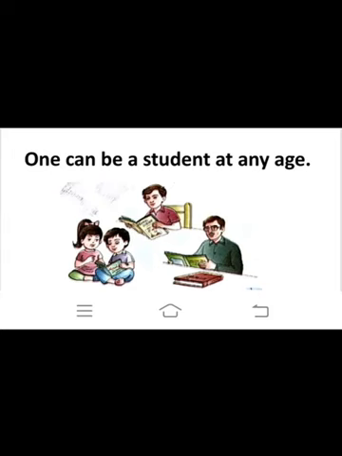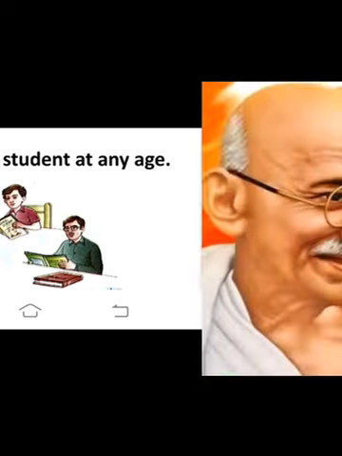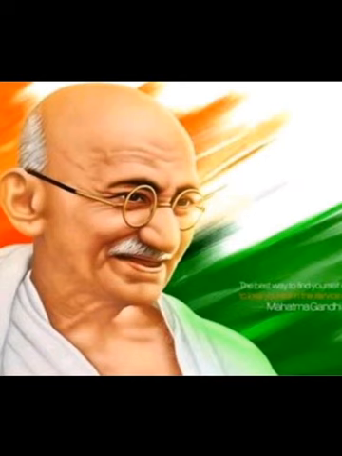Now take another example. Even our own Gandhiji, despite his busy life, found time to learn a new language in his later years. Later years means when he had become old, he found time to learn a new language.